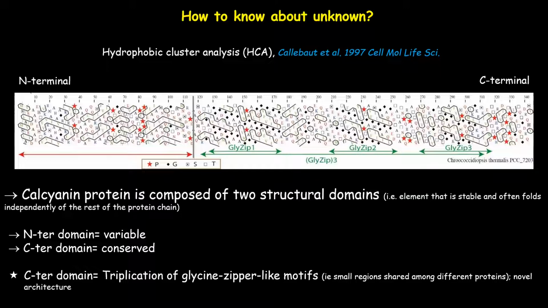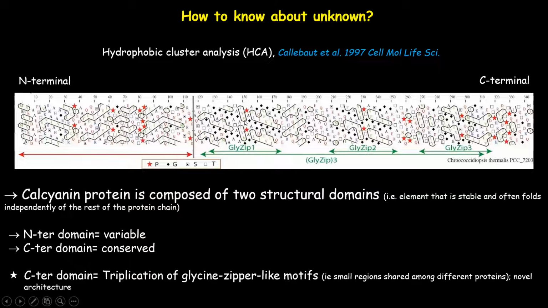And those hydrophobic amino acids, what we know is they tend to cluster and they tend to drive the folding of proteins. So they will be very good markers of the structural motifs in a protein. By looking at this kind of graph, it was possible to see several things.